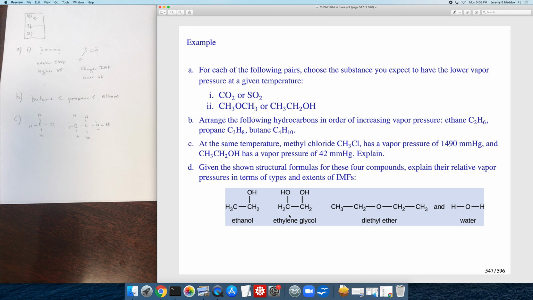And so I would expect the ethylene glycol to have the strongest intermolecular forces, and therefore it's going to have the lowest vapor pressure. The diethyl ether, on the other hand, is a nonpolar species. I would expect it to have the weakest intermolecular forces, and therefore it would have the highest vapor pressure of all of them.